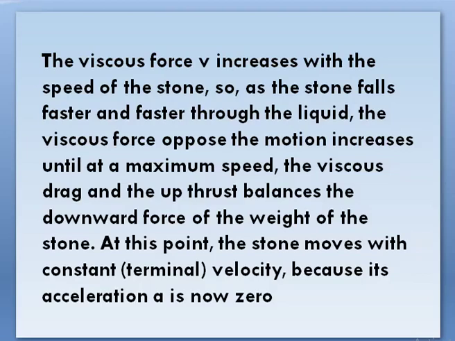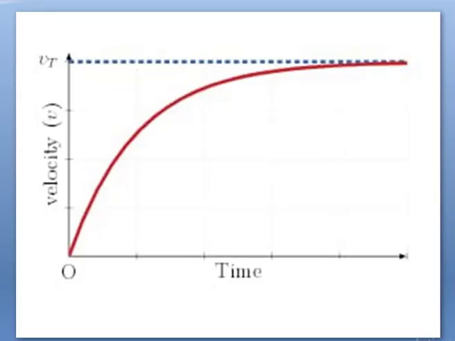Now let's see the diagram, the graph of terminal velocity. This is a graph of velocity, that is as the speed of the body is increasing, versus time.